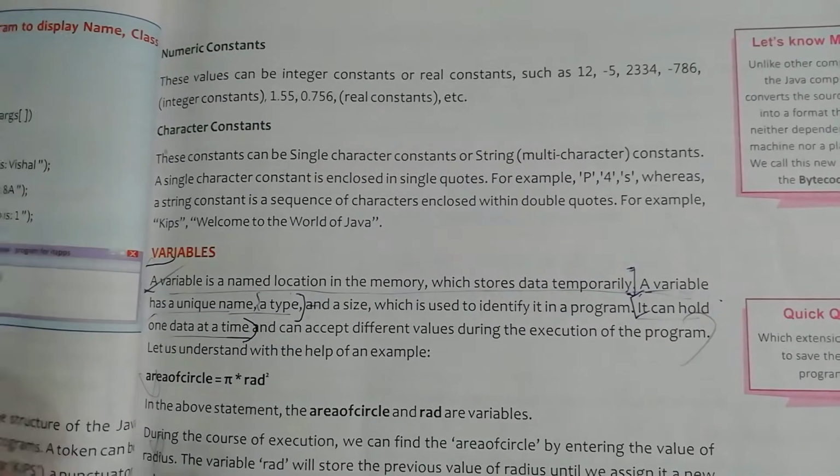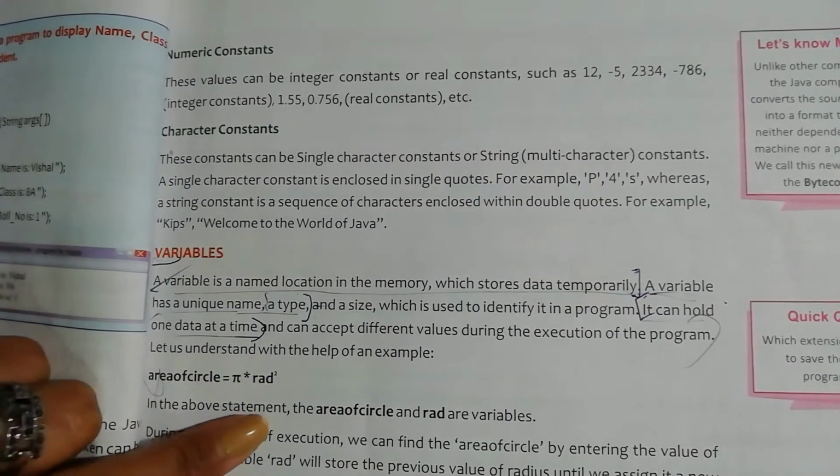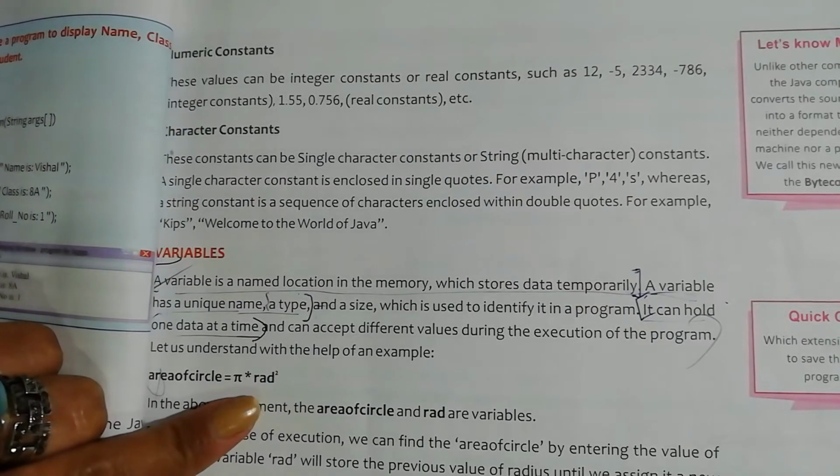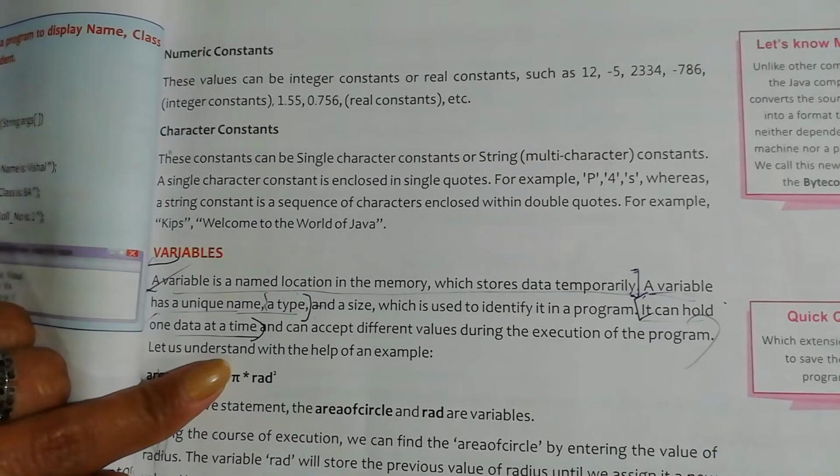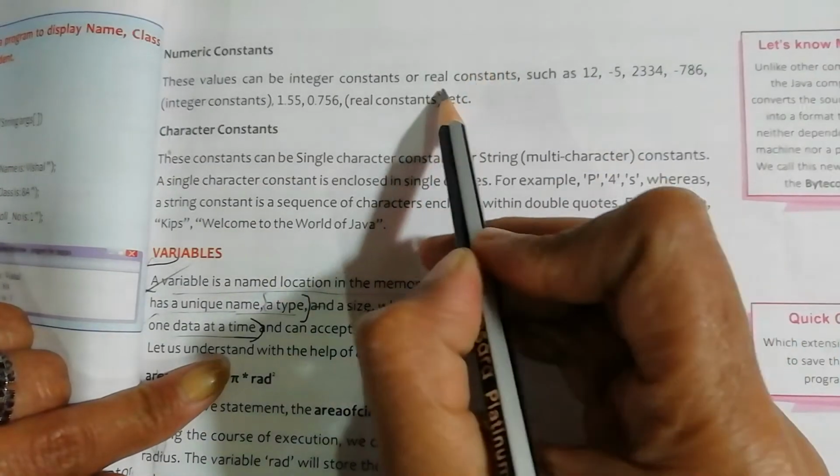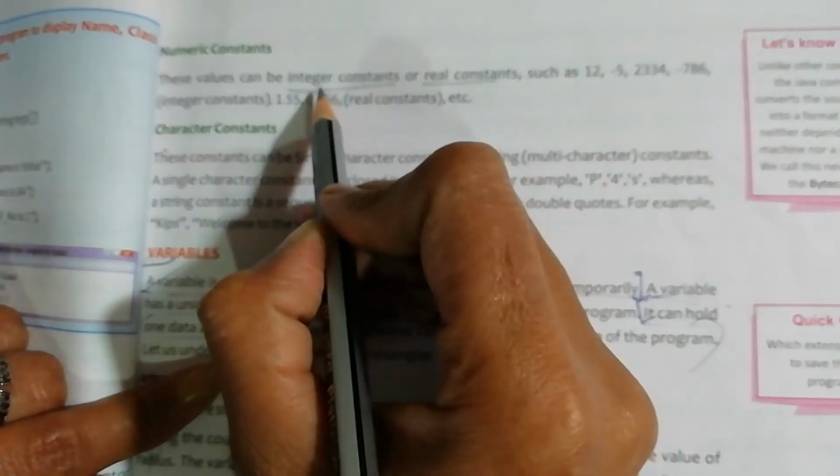So number one type is numeric constant. The name implies that numeric means number. So these values can be integer constants or real constants. What does integer mean?